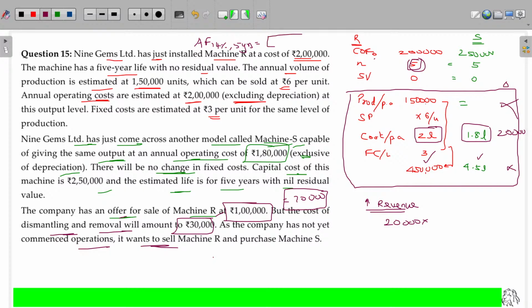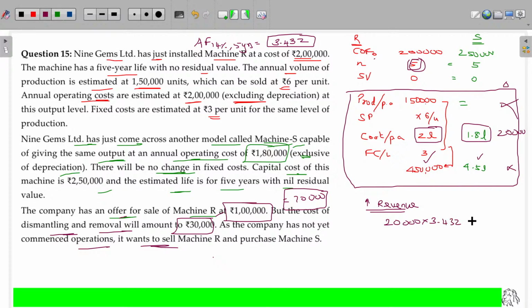What's the value? 3.43. Okay. Can we round off with 2 digits or 3 digits? If you make it 3 digit, 432, right? Now 3.432.